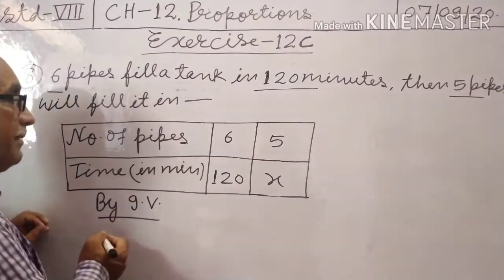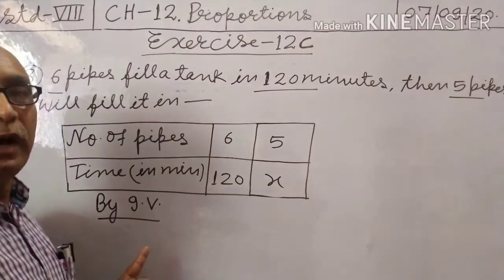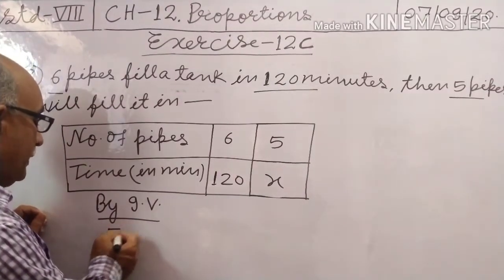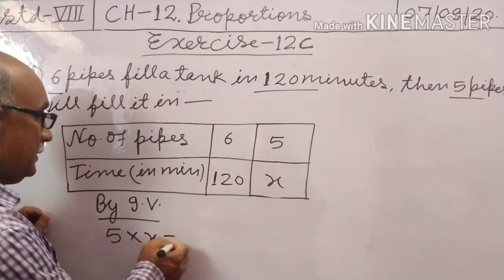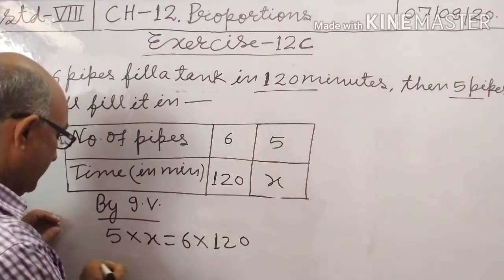So by inverse variation, the product of two quantities is constant. So 5 into x equal to 6 into 120.